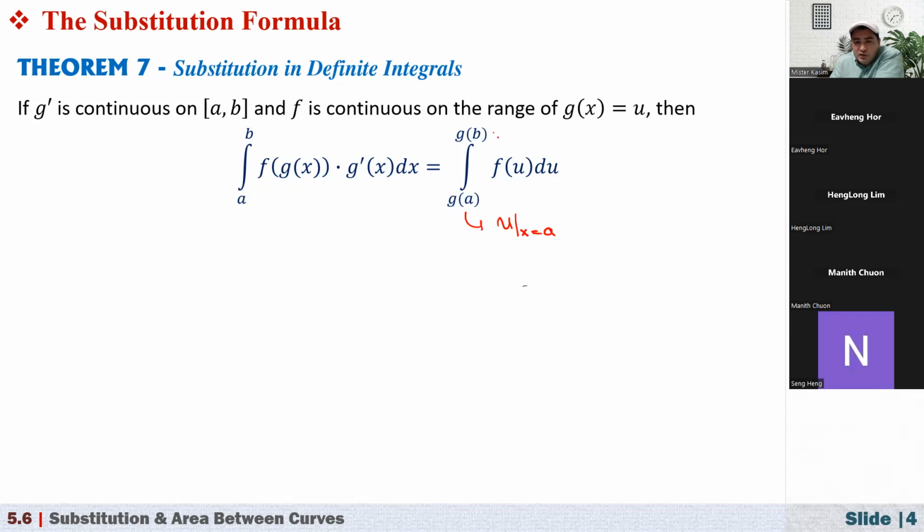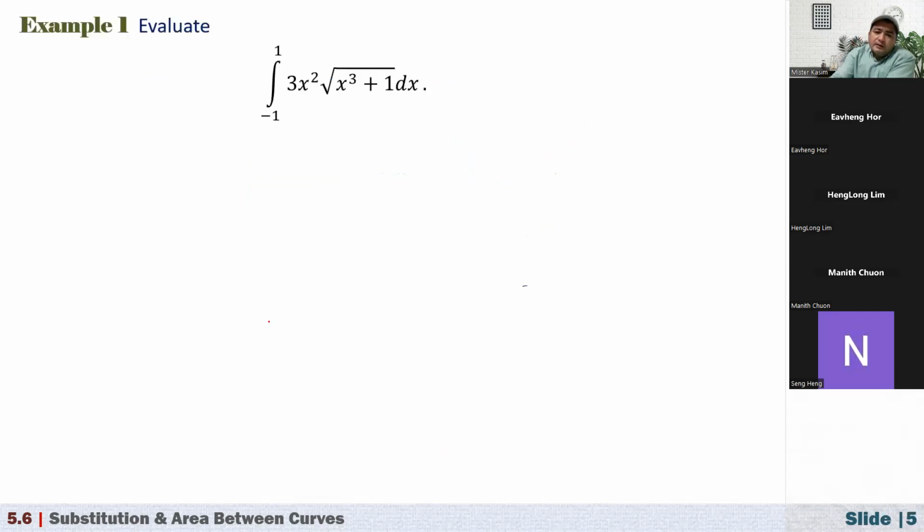And g of b is the value of u at x equal to b. What is changing here? x is changing, and after making the change, the input value of f becomes u. So we have to evaluate the integral of f at the value of u at a, and the value of u at a is just g of a.